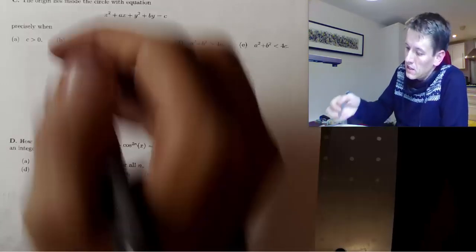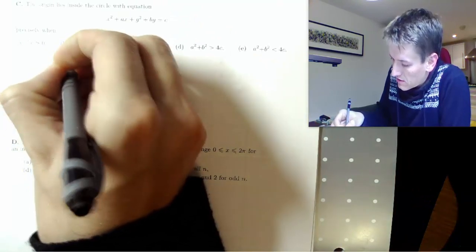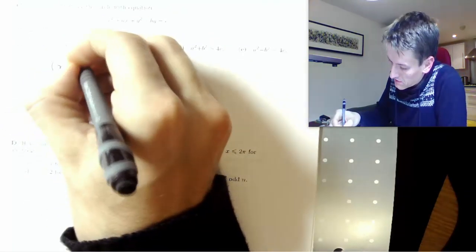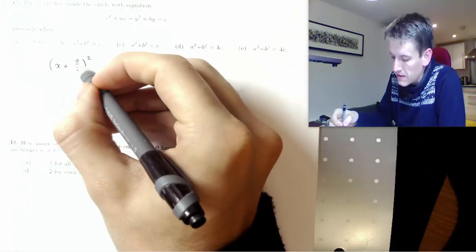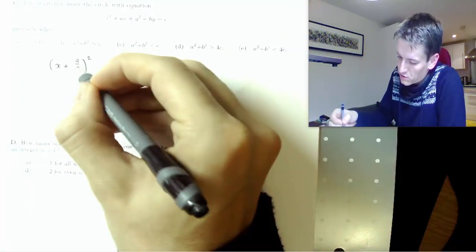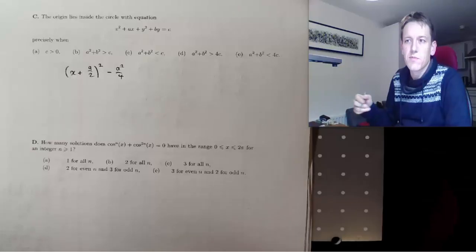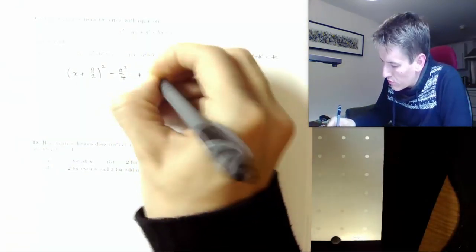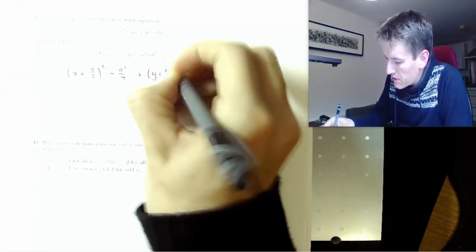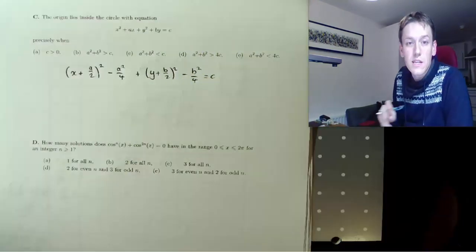So completing the square in x here, we've got x squared plus ax, so that gives us x plus a over 2 all squared. That's going to introduce a term a over 2 squared, or a squared over 4, which I need to subtract. Same for y. So we've got y plus b over 2 squared minus b squared over 4 equals c.